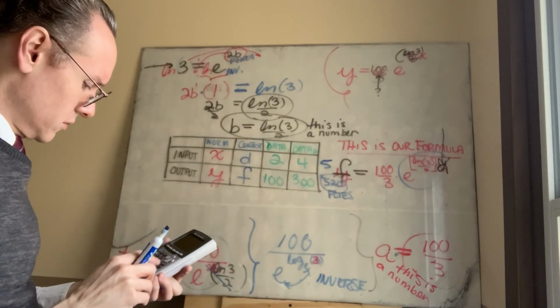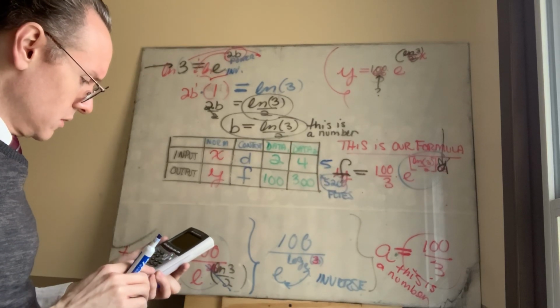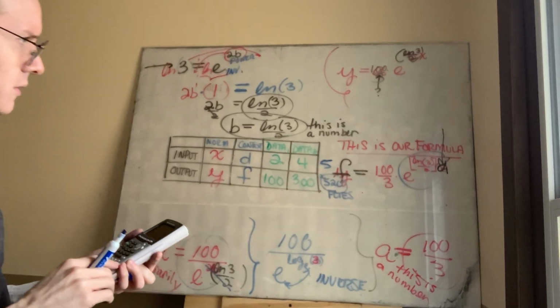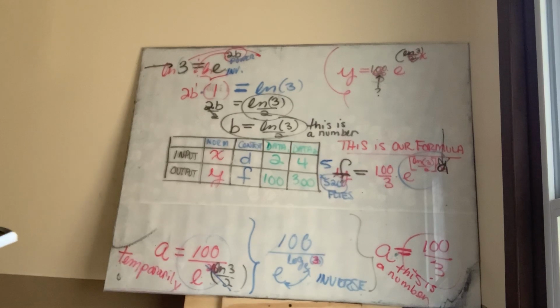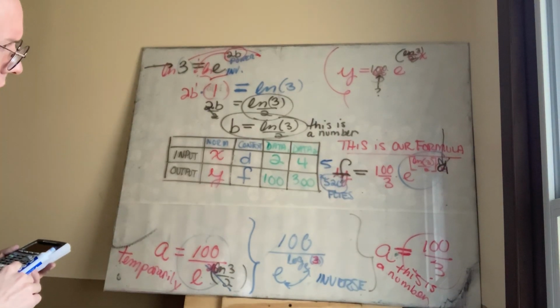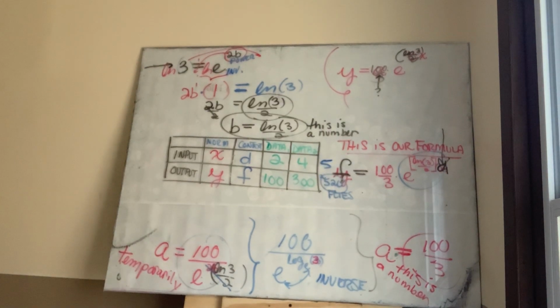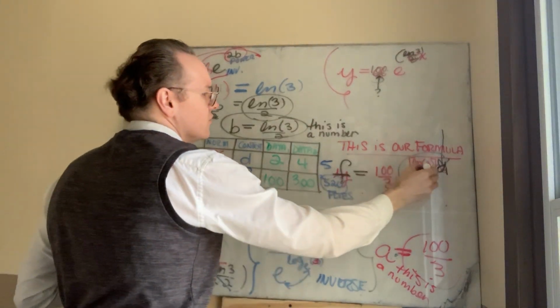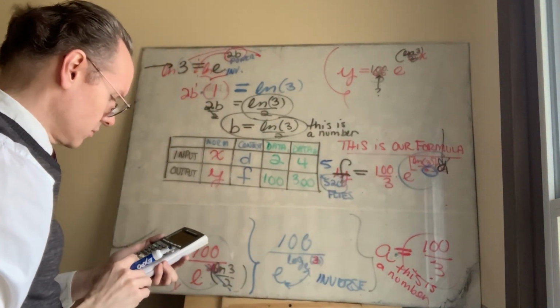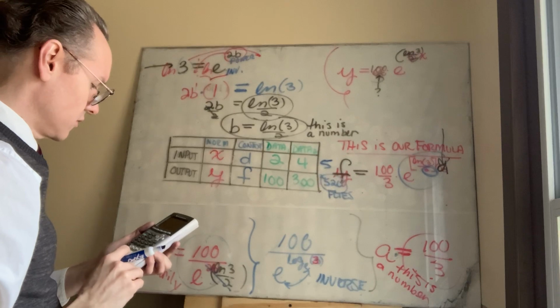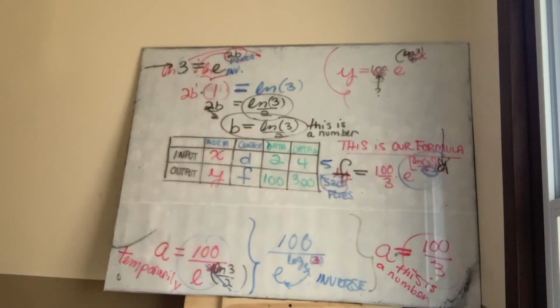No, it wouldn't work actually. It doesn't work. I think because of this denominator, it's screwing everything up here. Yeah, it doesn't give you the right answer. All right, leave it alone.